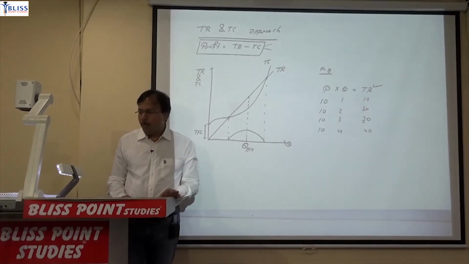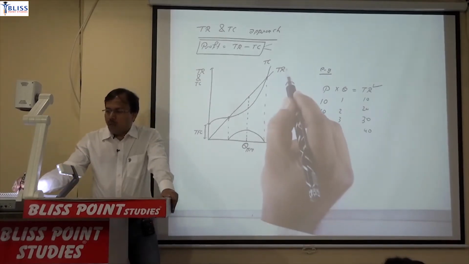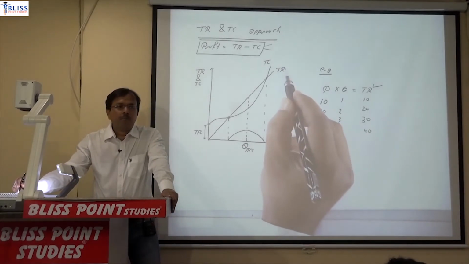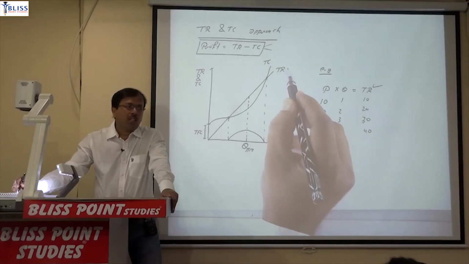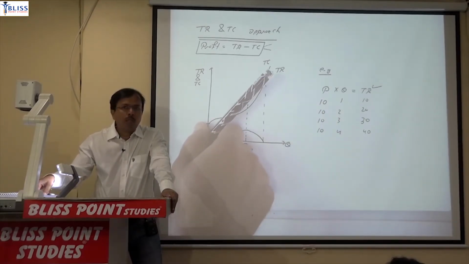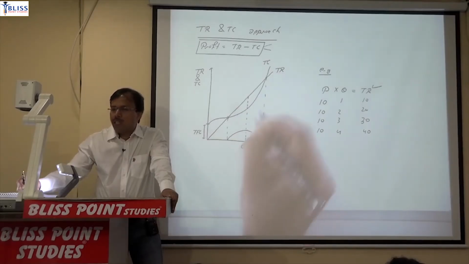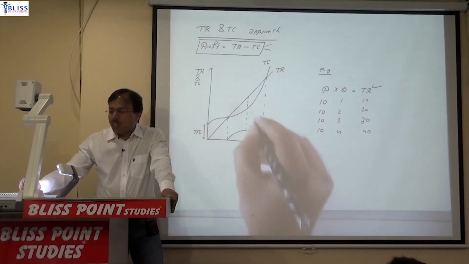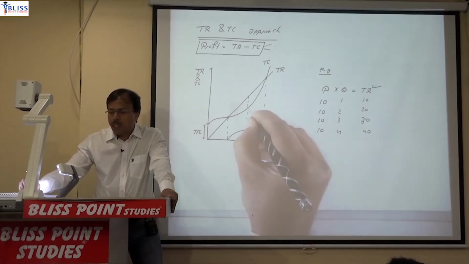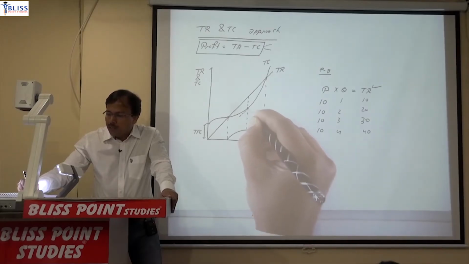Now I said in the beginning, what is the slope of TR? Slope of TR is MR and slope of TC is MC. The TR line is straight, its slope is constant, but the total cost line is non-linear, it is not a straight line. So at the point where I have to find the slope, at that point we will draw a tangent.